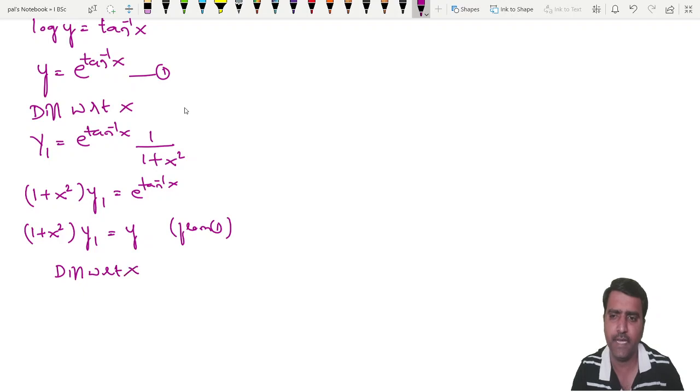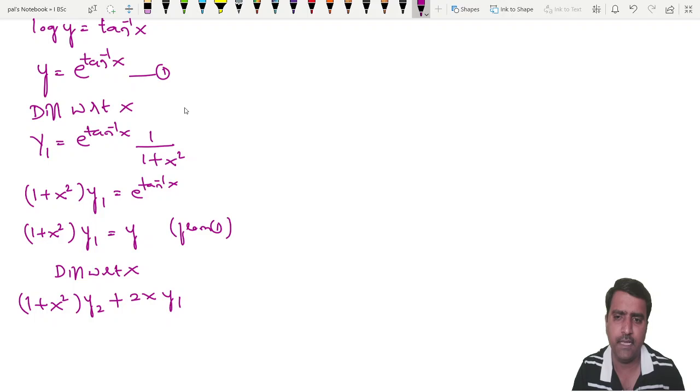It is 1 plus x square into the differentiation of y1, which is y2, plus the differentiation of 1 plus x square, which is 2x, into y1, equal to the differentiation of y, which is y1.